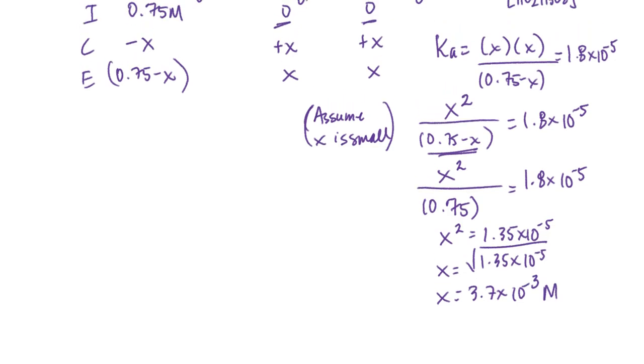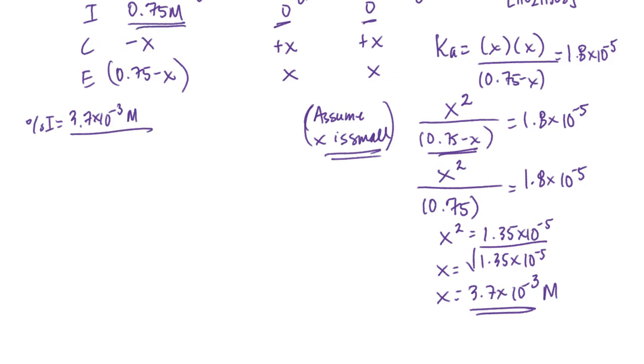Now, again, we still have to check the validity of this assumption. And so, if you recall, the way we do that is we calculate the percent ionization. I'm going to take this value of x, 3.7 times 10 to the negative third molar, and I'm going to divide by the initial concentration of the acetic acid. That will tell me how much of the acetic acid actually ionized.